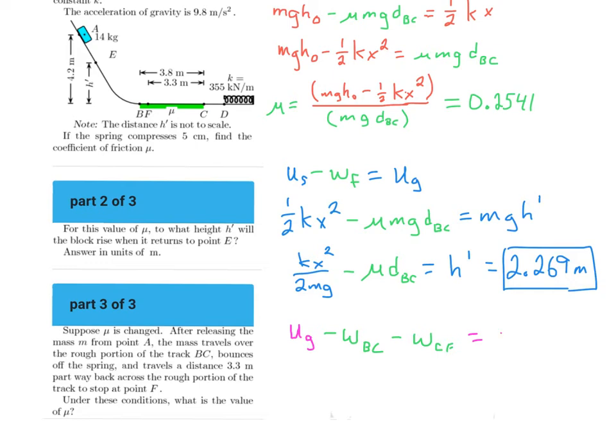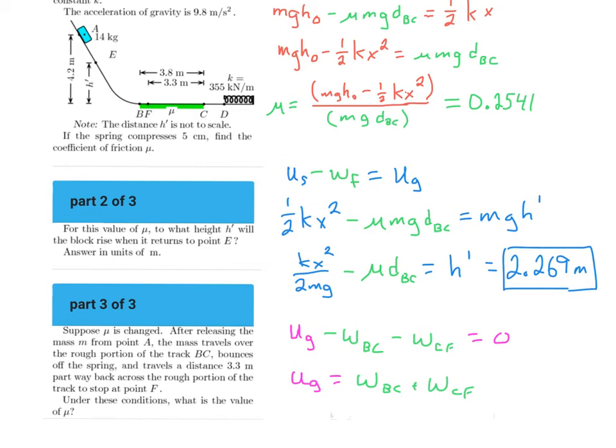So this has to be equal to 0. If we move this around, what that means is the potential energy has to be equal to the sum of the work done in the section. So there's work done from B to C, and there's work done from C to F.